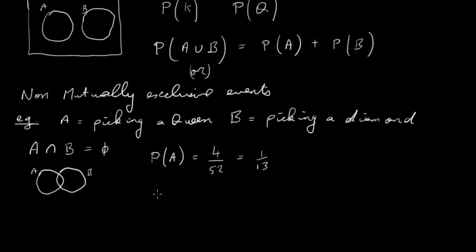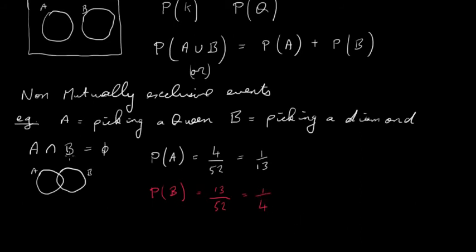Then the probability of picking a diamond, which we've called event B. How many diamonds are in a pack of cards? Well, there are 13 cards in each suit, so 13 diamonds, and there are 52 cards in total, so that's just a quarter.